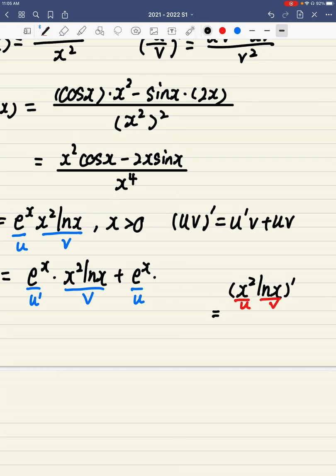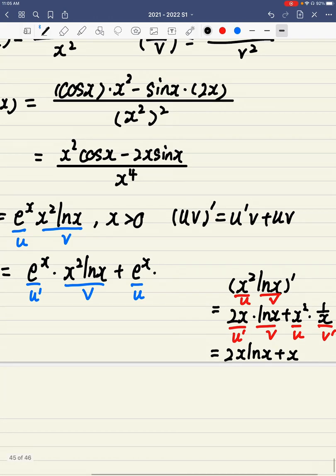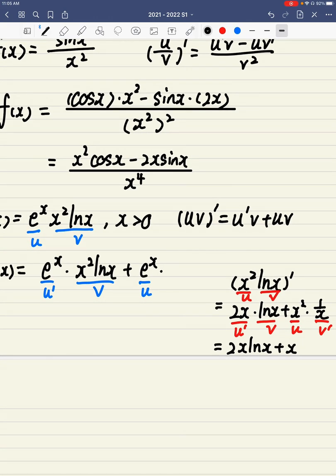So here x squared's derivative is 2x times ln x plus x squared times the derivative of ln x, which is 1 over x. Okay, so this part is u's derivative times v plus u times v's derivative. So this is 2x ln x plus x. All right, so you can put it down here: 2x ln x plus x.